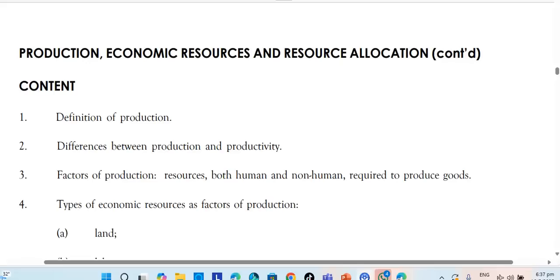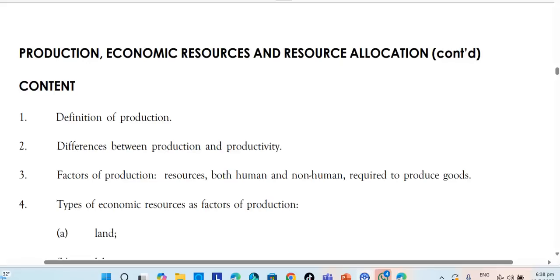These include both human resources like labor and entrepreneurship. You need humans to do those. And non-human resources like land and capital. The four factors of production are, what are they, guys? Land, labor, capital, and entrepreneurship.